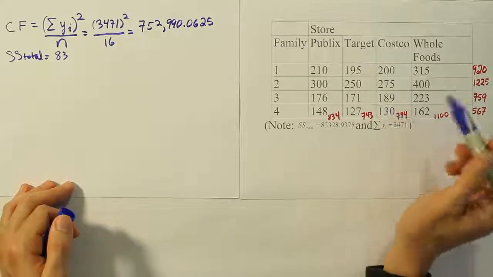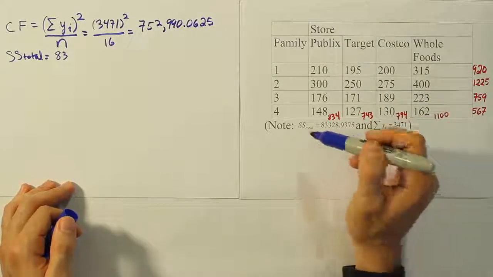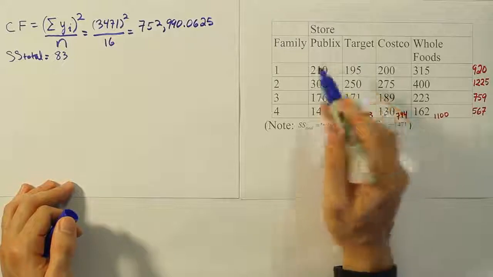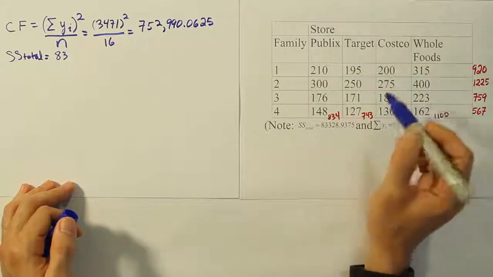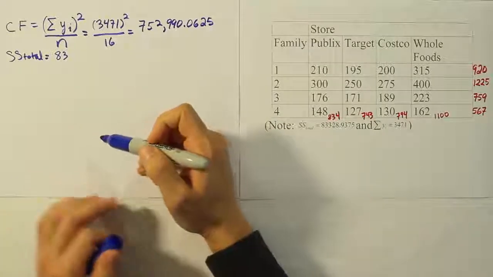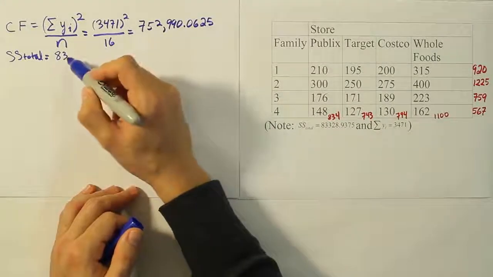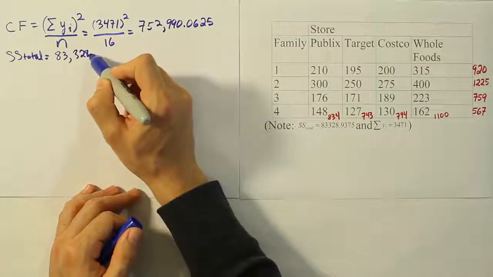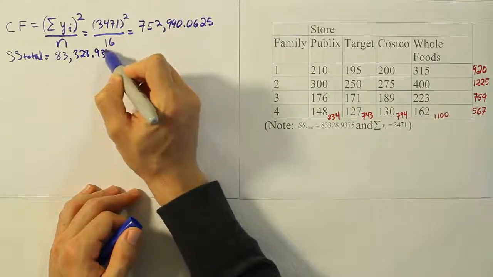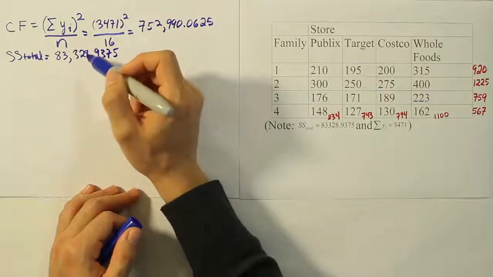Once you square them all, you add them all up, and then you subtract off the correction factor that we calculated in this other part of the problem. So either way, it ends up giving us 83,328.9375. So that's your sum of squares total.